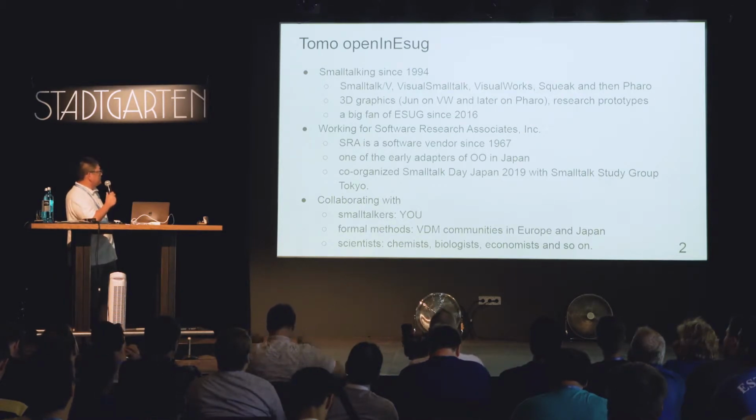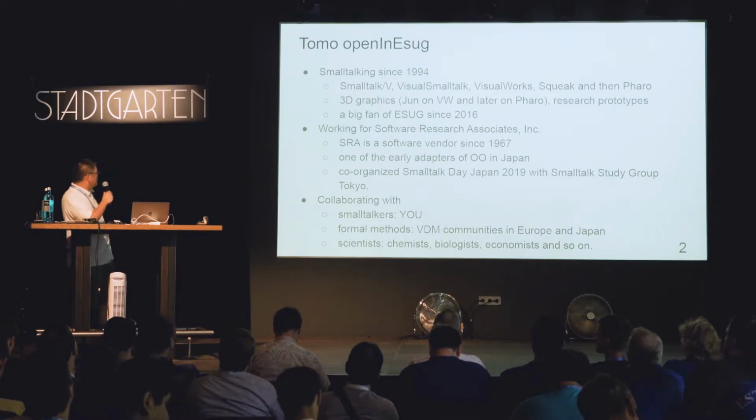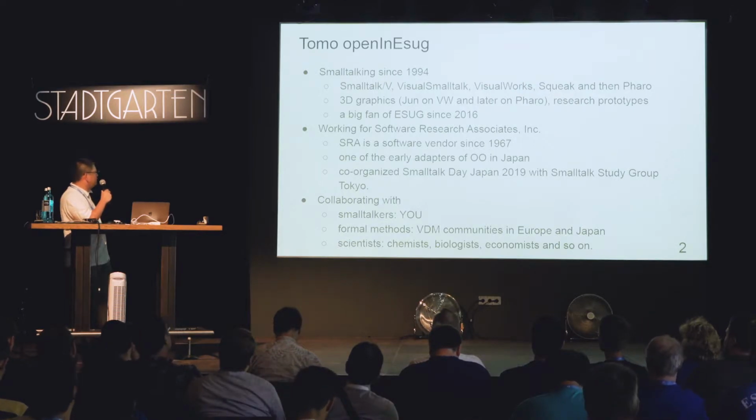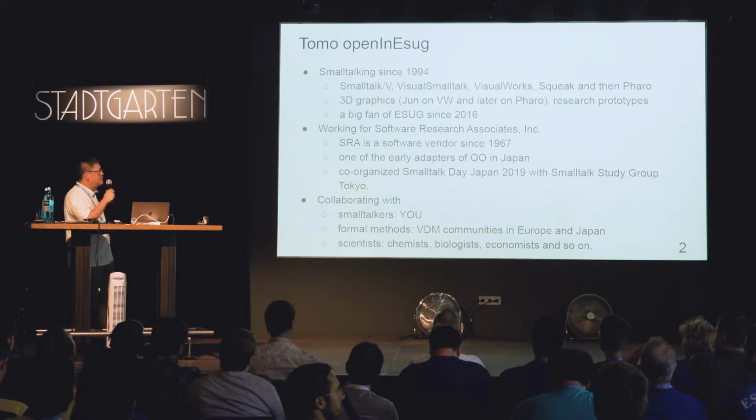So, as a programmer, I'm collaborating with some kinds of people. First of all, Smalltalk people, so it's you. And also I'm collaborating with the formal method community in Europe and Japan. Especially I'm working with VDM, Vienna Development Method.